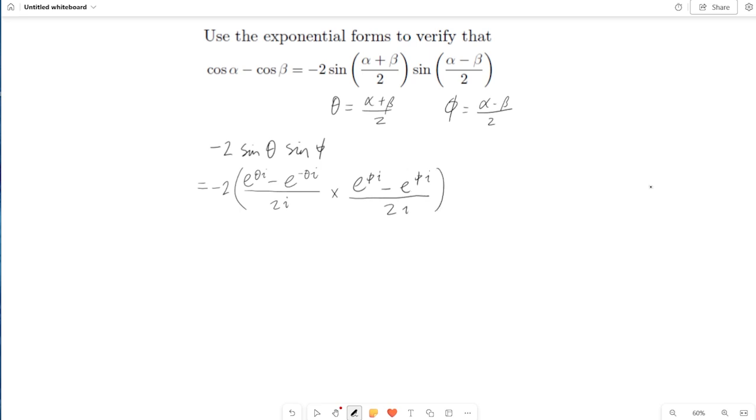And we can actually take 2i times 2i out, because 2i times 2i is minus 4. So minus 2 times minus 1 on 4, that should give us a half. And then inside, that's just regular expansion. We're multiplying 2 terms with the same base, so we simply add their indices. So once again, index laws.